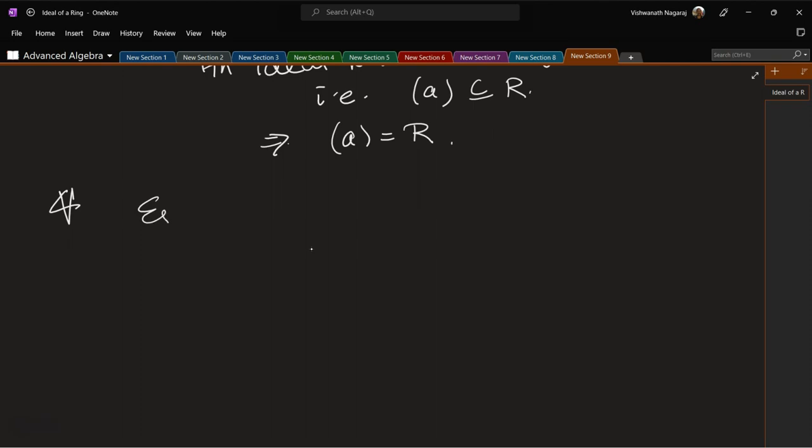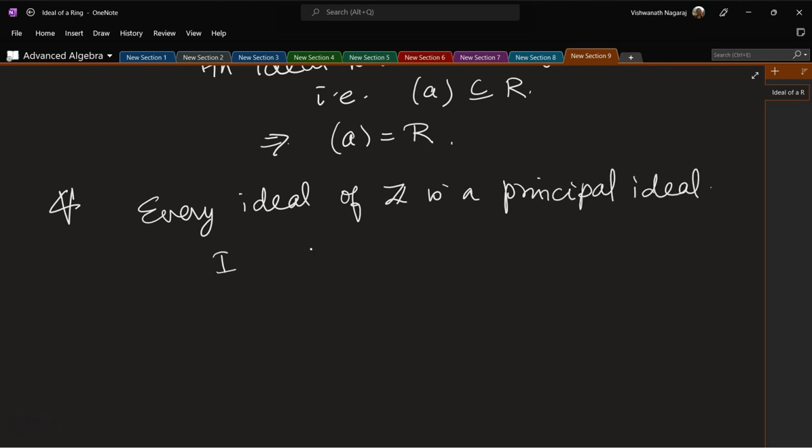Okay, another very interesting thing is that every ideal of Z is a principal ideal. Now let I, that is the ideal, be a subset of the ring of integers, and it is an ideal.